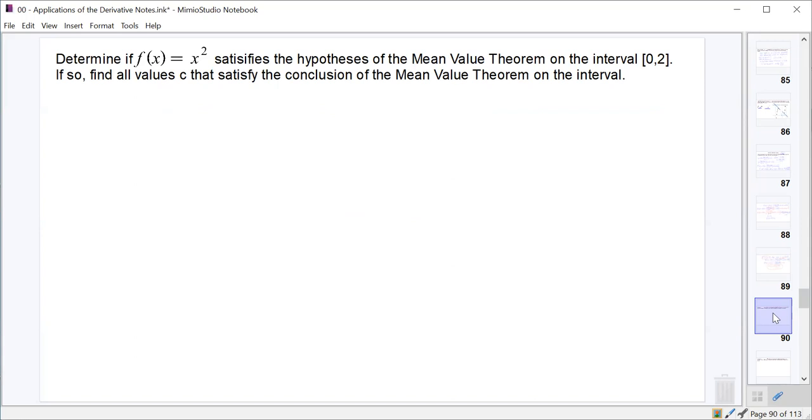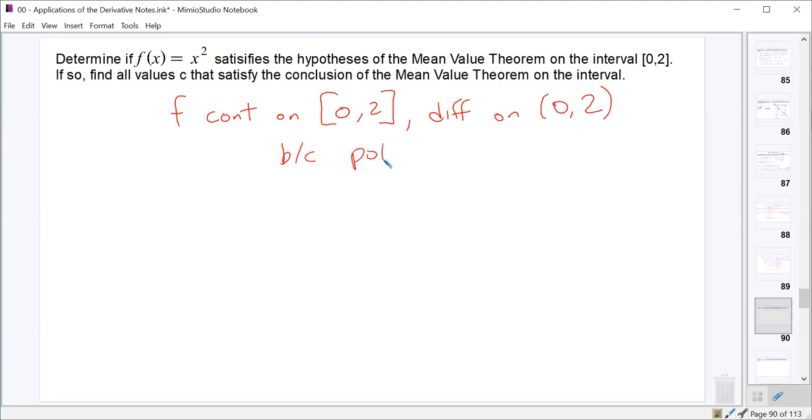So first, let's determine if f of x equals x squared satisfies the hypotheses of the mean value theorem on 0 to 2. So first off, we know that f is continuous on the interval 0 to 2. And we also know that it's differentiable on the interval 0 to 2 because it's a polynomial.